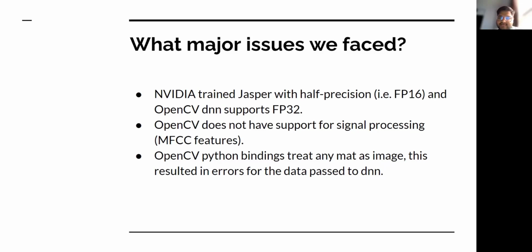Then the next issue that we had was that OpenCV Python bindings treat any matrix that we pass from Python to C++ for computation as an image. And it does this weird sort of thing where it wraps the channels, and because of that, the data that we were passing was not correct. The analysis happening in the background in C++ was giving weird errors saying that data is incomplete.